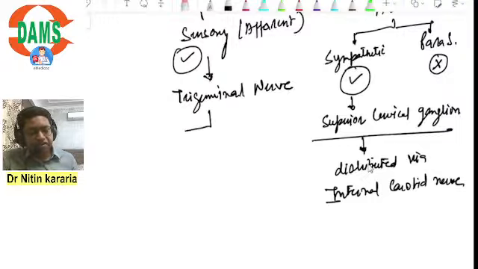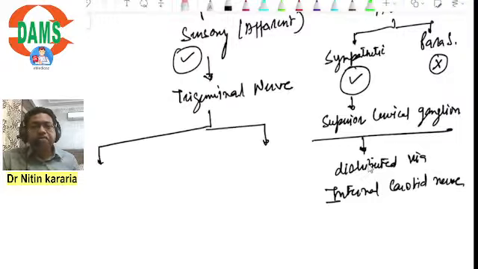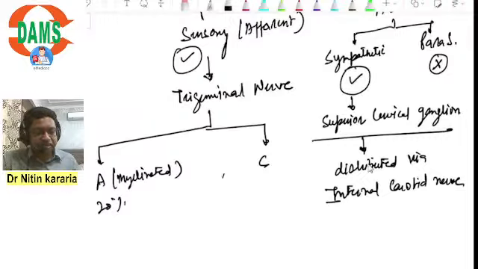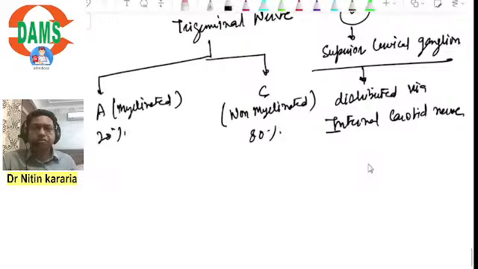Sensory fibers, two types of sensory fibers are present in the pulp, A and C fibers. A fibers, they are myelinated. They consist of 20% of the pulpal nerve fibers. C fibers are non-myelinated and they make 80% of the pulpal nerve fibers.